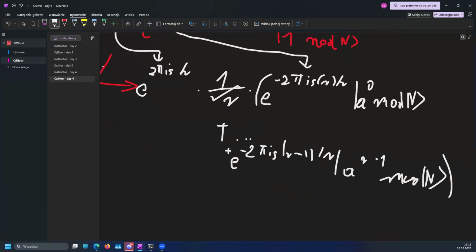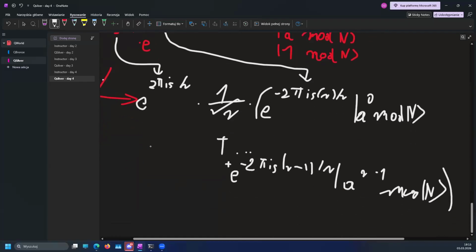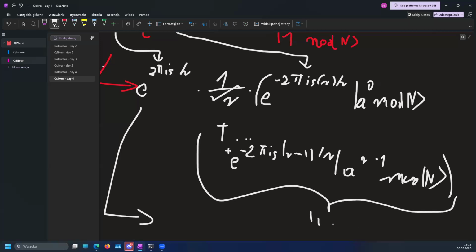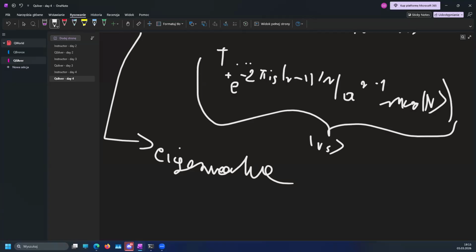So now what we have just discovered is that here we have this Vs, and here we have an eigenvalue. Okay?